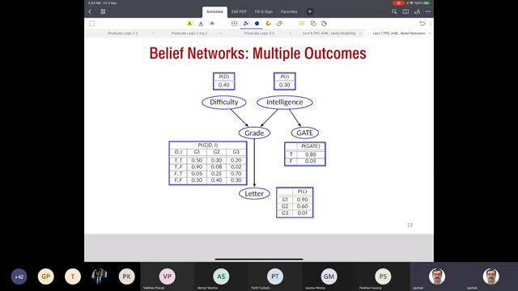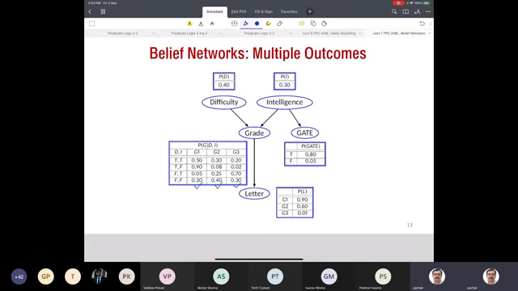There can be 3 grades. Previously we were saying either P(I) is true or P(B) is true. But now, given the difficulty and the intelligence, what is the chance of getting grade G1? What is the chance of getting grade G2? What is the chance of getting grade G3?